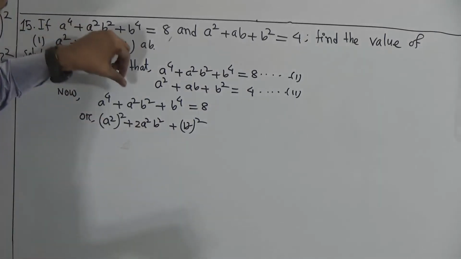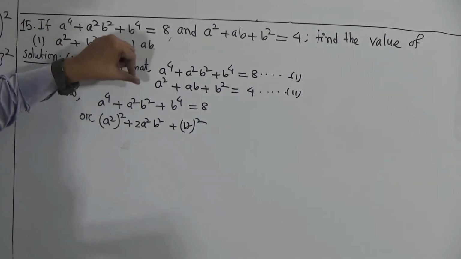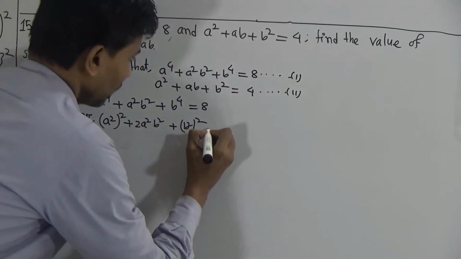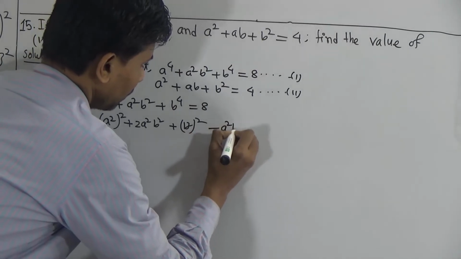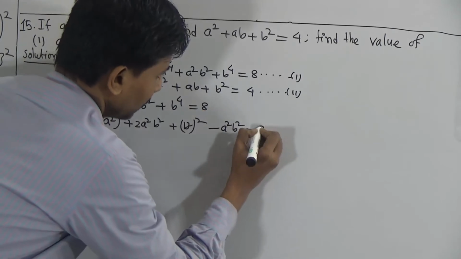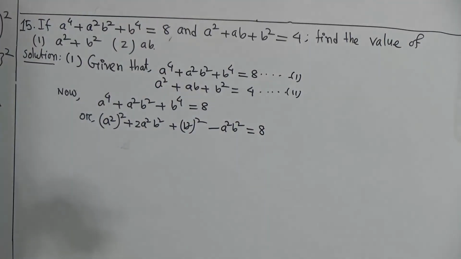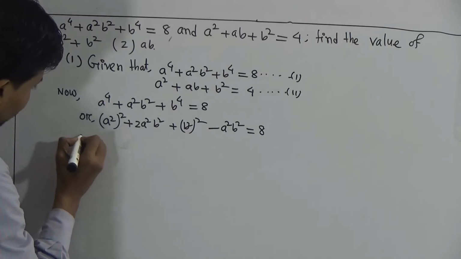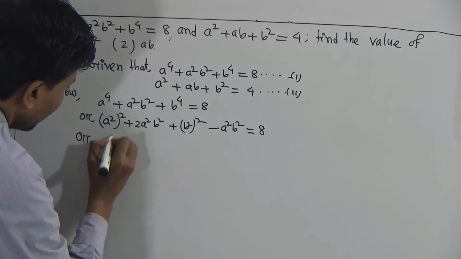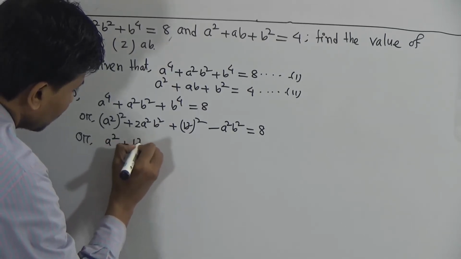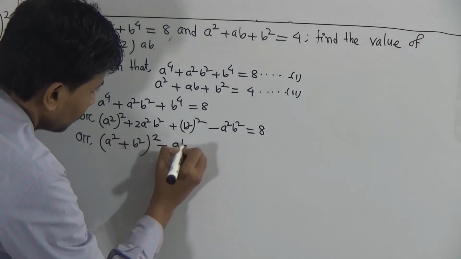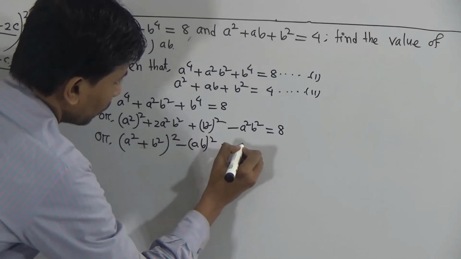Here is only one a square b square, but we need 2 a square b square, so we have to subtract a square b square, and 8 remains the same. This can be written as a square plus b square whole square minus ab square equals 8.